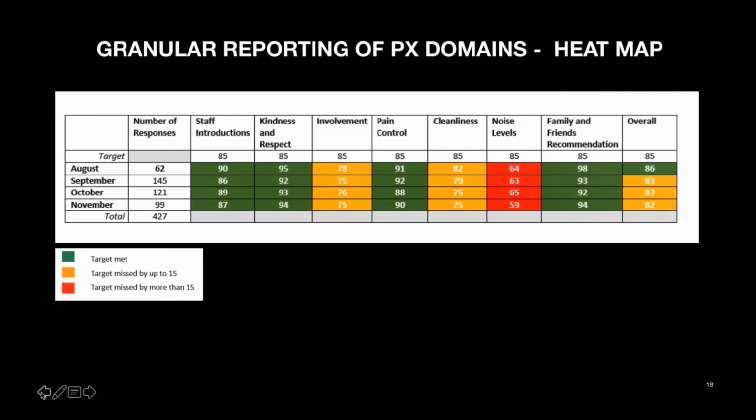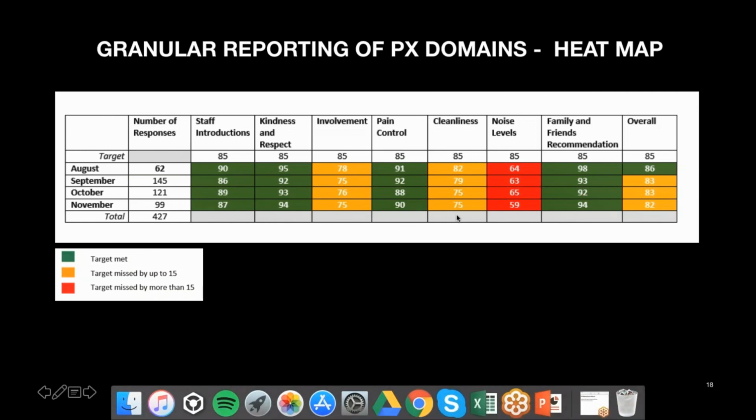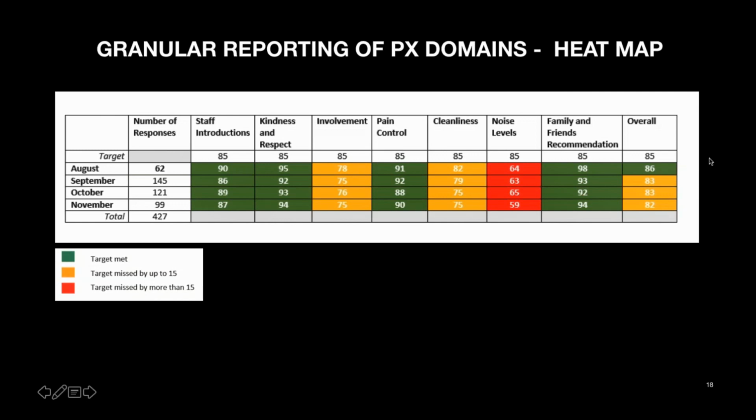So these are the domains of patient experience that PICA often use: staff introductions, kindness and respect, involvement in care is a big domain, cleanliness, noise levels, typically very poor in hospitals. You can have different domains, but you can also break these down by ward or by unit level, and some really advanced organizations can do it by individual level as well. Obviously the domains are different, but it's really important, and heat maps like this are really useful.